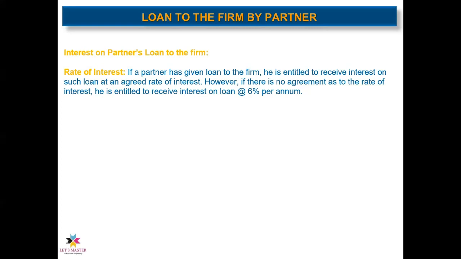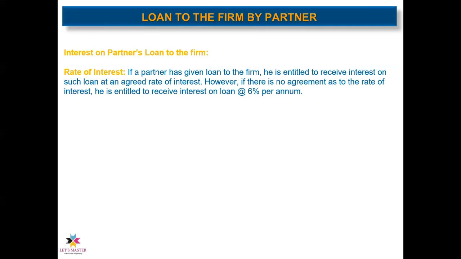If the partnership deed is silent about whether interest should be provided on the loan advanced by the partner to the partnership firm, or if it is silent about the rate at which the interest on loan should be provided, then as per the provisions of the Indian Partnership Act, the partner is eligible to get interest on the loan advanced to the partnership firm at a rate of 6% per annum.